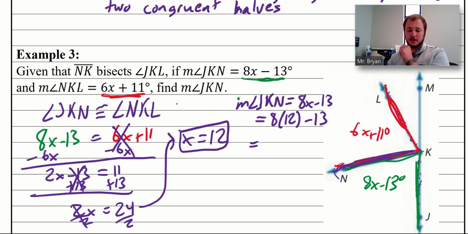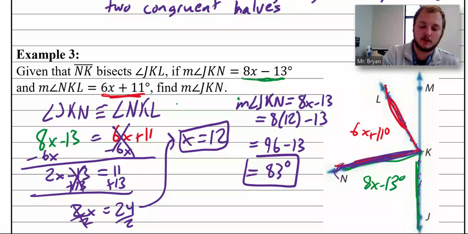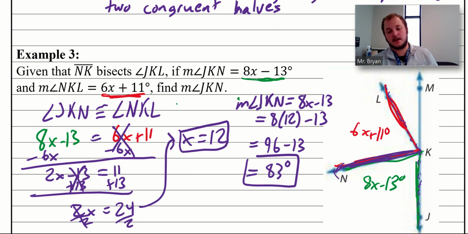If I'm looking at 8 times 12, I can either do that in my calculator or in my head. Hopefully we understand that is 96 minus 13. And 96 minus 13 is just 83. Okay, so it is 83, and then I'm going to add the degrees on that as well because it is an angle measure. And that would be our final answer.